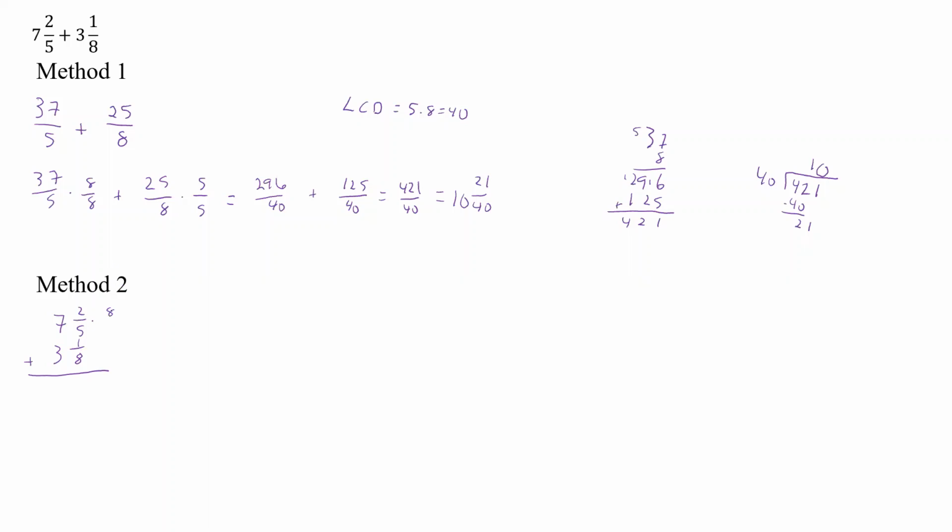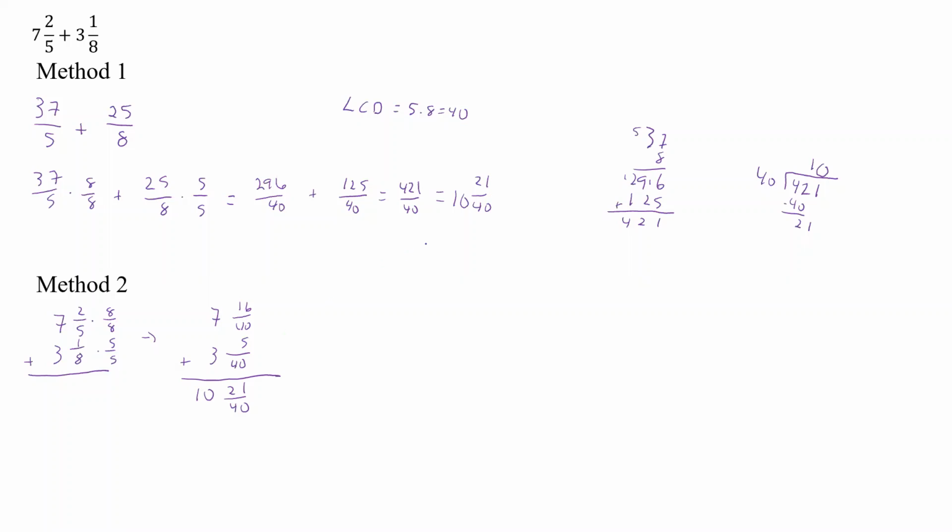So if we multiply that by 8 over 8 and that by 5 over 5, that gives us 7 and 16 over 40. And then this is going to be plus 3 and 5 over 40. So now we have 7 plus 3 is 10, 16 plus 5 is going to be 21, and that's over 40. So we have 10 and 21 40ths.